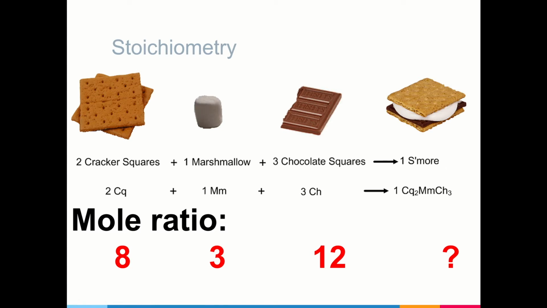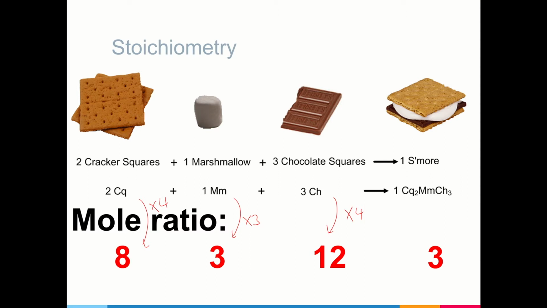Let's try again. If I have this number of cracker squares, this number of marshmallows, and this number of chocolate squares, how many s'mores can I make? This is times 4, this is times 3, this is times 4. Is your answer 3? If it's 3, good job. You are able to identify how much based on the mole ratio, and which one is the limiting reagent.